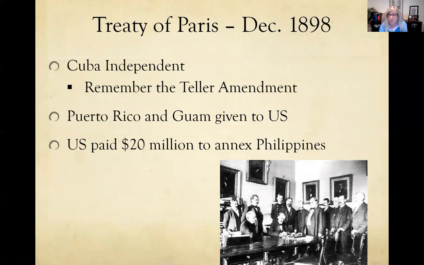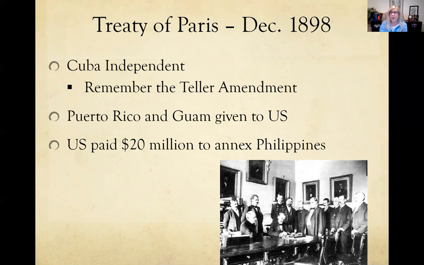These are still possessions of the United States. The U.S. still has control of both of these territories. And the United States is also going to have the Philippines, but we're going to pay Spain $20 million for annexation. This is kind of a similar arrangement that we saw at the end of the Mexican-American War, where the U.S. paid money for the Mexican cession.